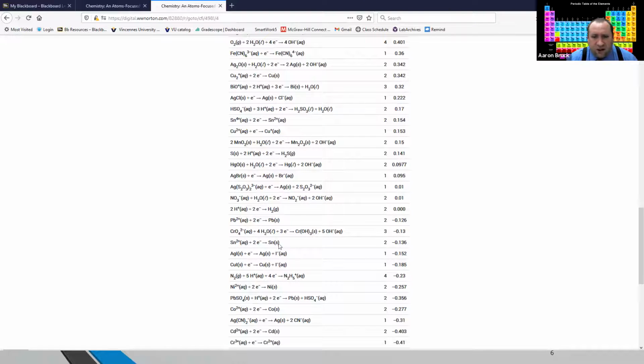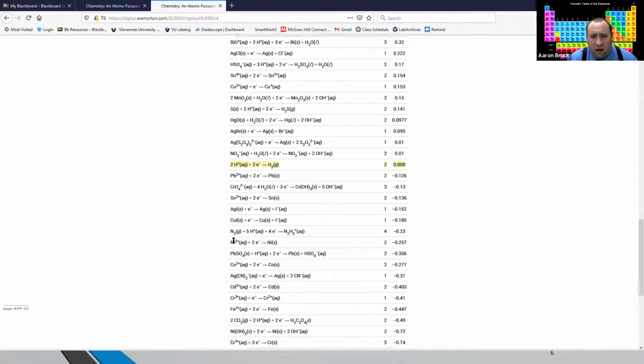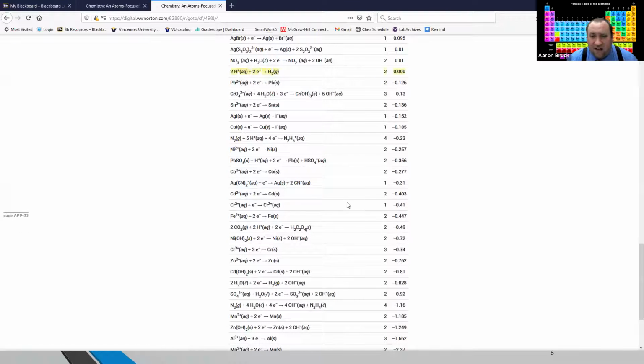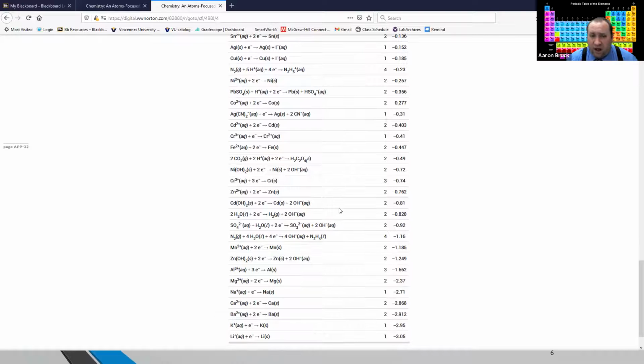Here's the reduction potential for tin. Now notice right here in the middle, here's our standard hydrogen electrode, 2 electrons. And now we start getting into the stuff that would rather not be reduced, that would much rather be oxidized. Very common example, lead.